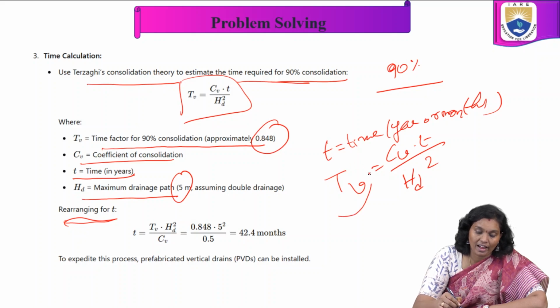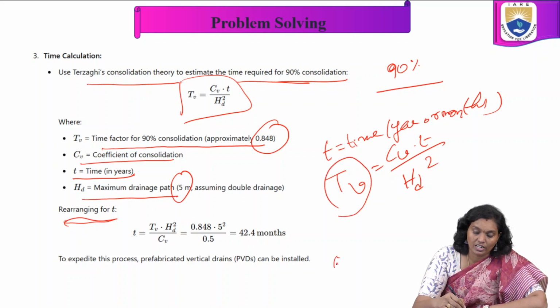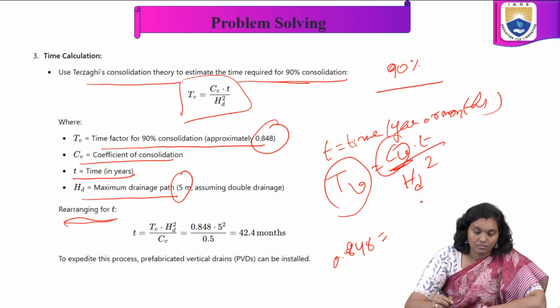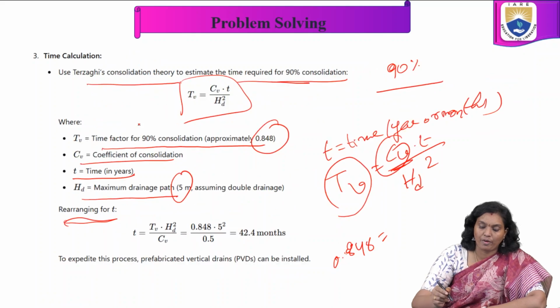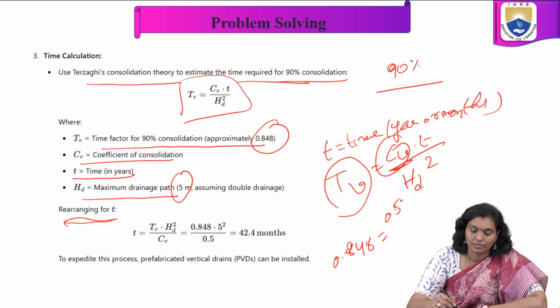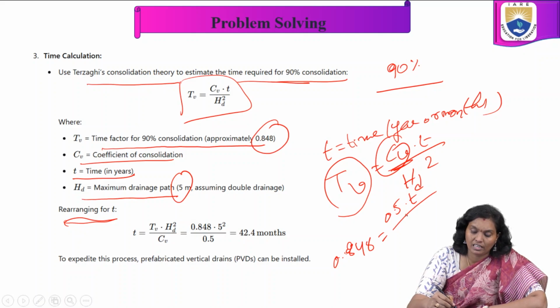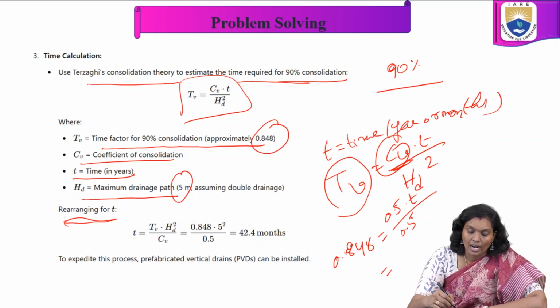Here the time factor for 90% consolidation is 0.848, and the coefficient of consolidation is 0.5 meter square per year, and the time is the thing we are going to find out. The maximum drainage path is 5 meters, and we converted it into centimeters. And finally, we will get 42.4 months.